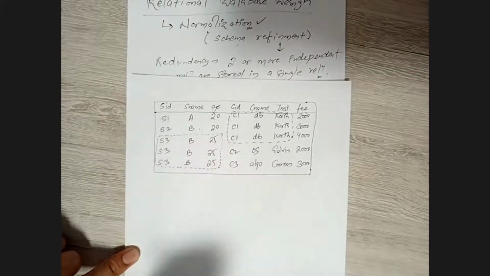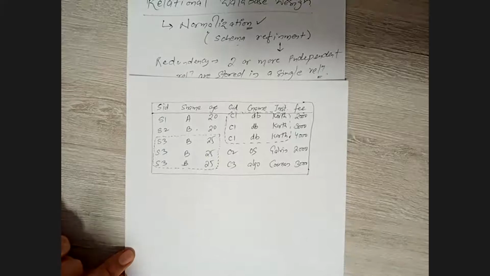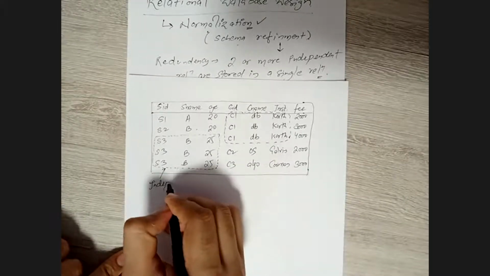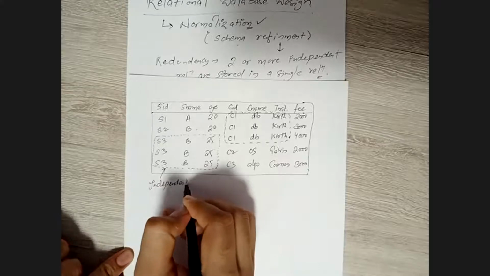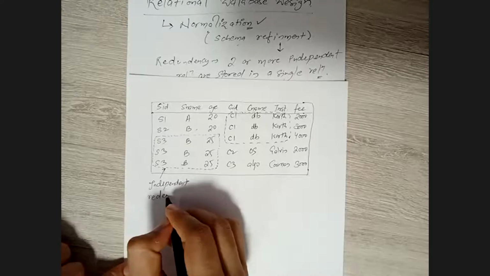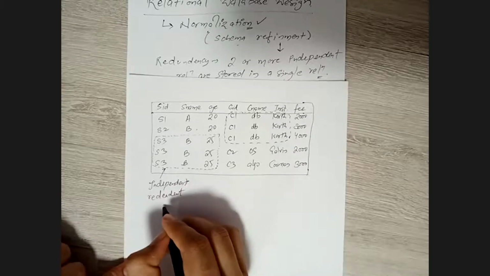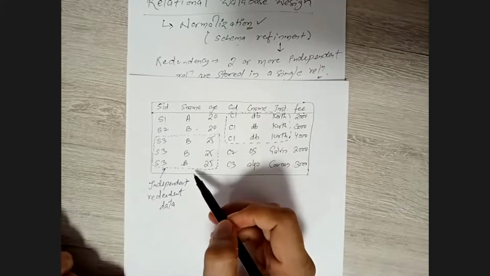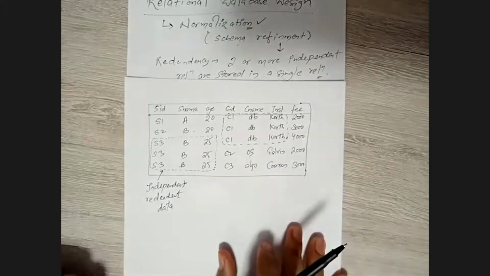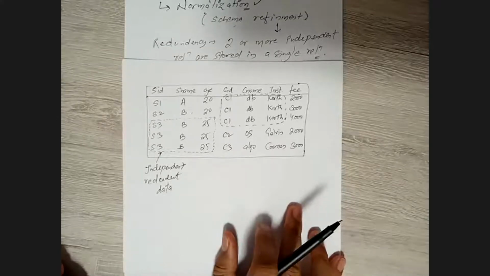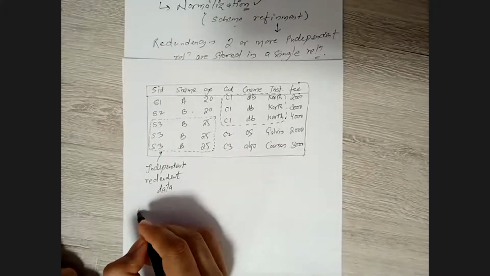These are independent, redundant data, and they create problems. When we talk about redundancy, we generally talk about the anomalies that we have in our database.